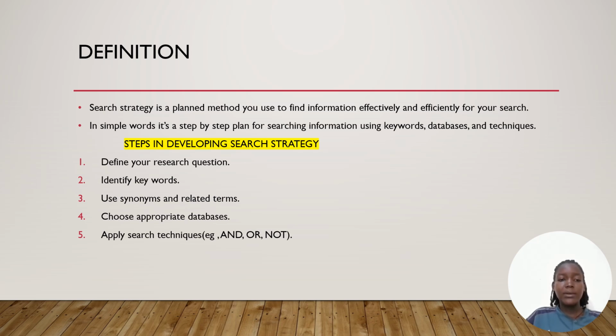After identifying the keywords, then use synonyms and related terms. If it's technology, it can be in the form of mobile phones, or you can specify and say mobile phones or artificial intelligence. You can specify that way. Then after that you choose an appropriate database.